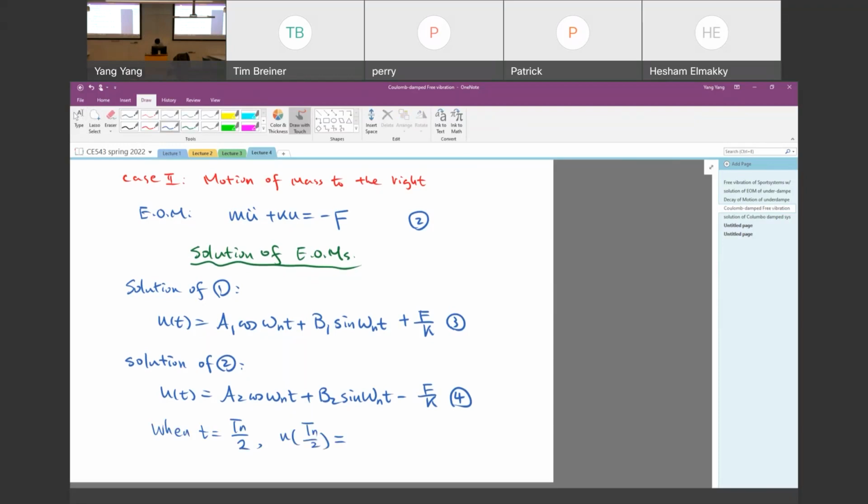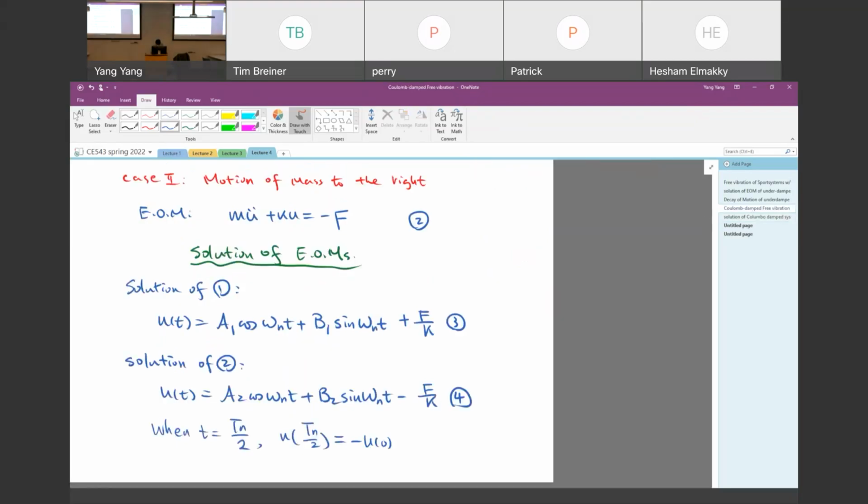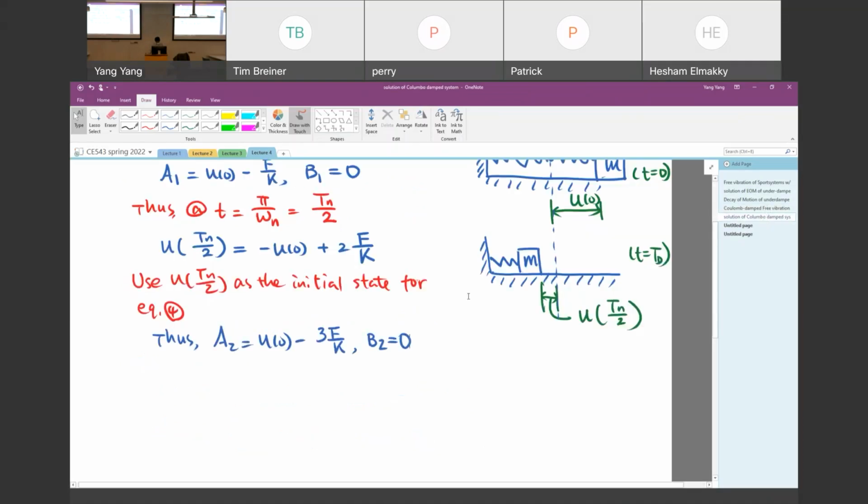It's already calculated over here. So we just go ahead and plug this number into this equation, so that we can find out A2 and B2. So we find out the A2 and B2 numbers here.